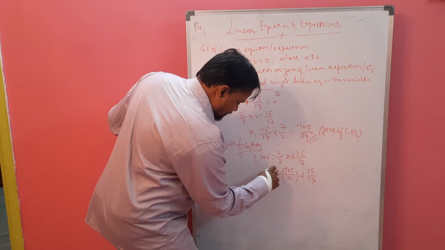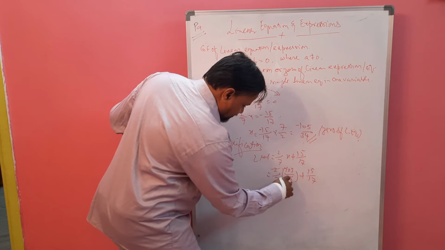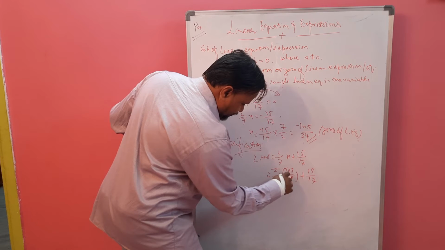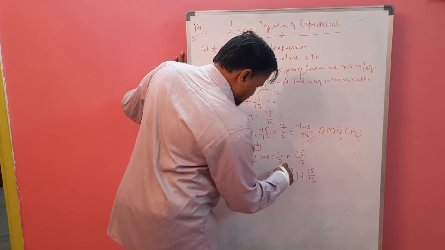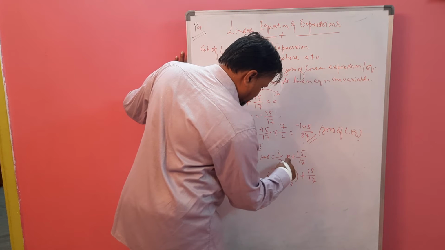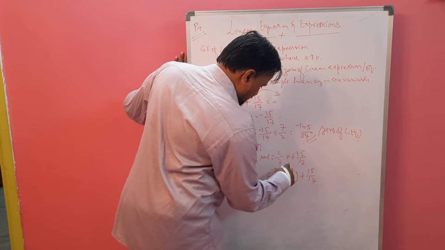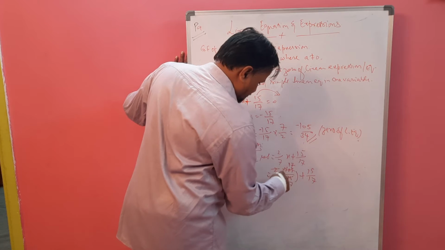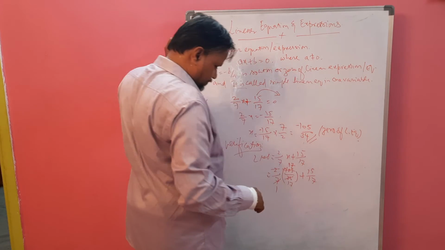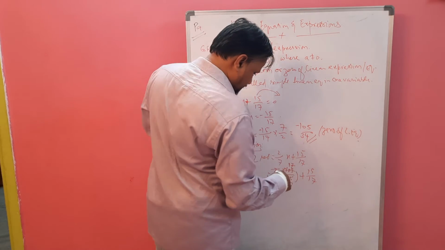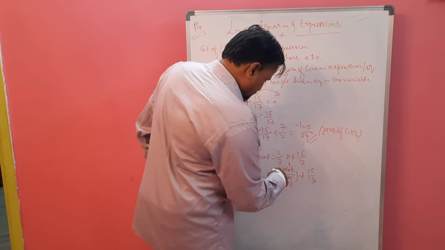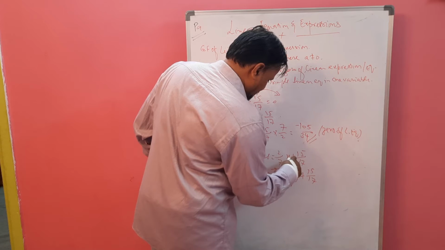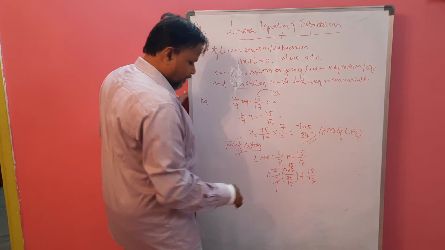Now this is 17 twos are 34, 2 ones are 2, so we get 7 twos. 7 fives are 35. Okay, now how much is this?